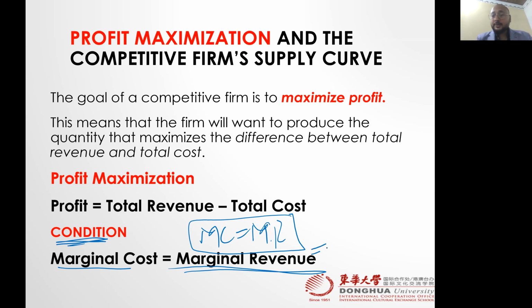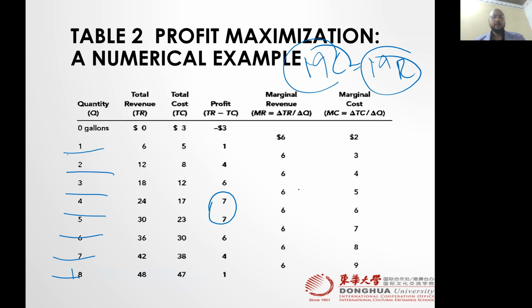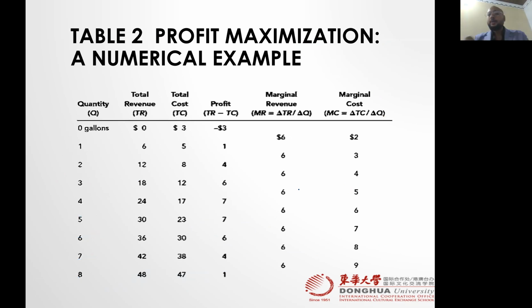This condition will tell us where we need to produce, where we have maximum profit or minimum cost, two sides of the same coin. Normally we call this Qmax. So did you notice something here? What is the formula for marginal revenue?